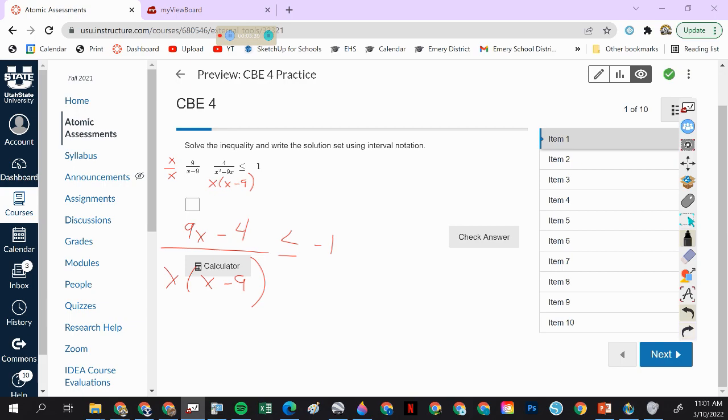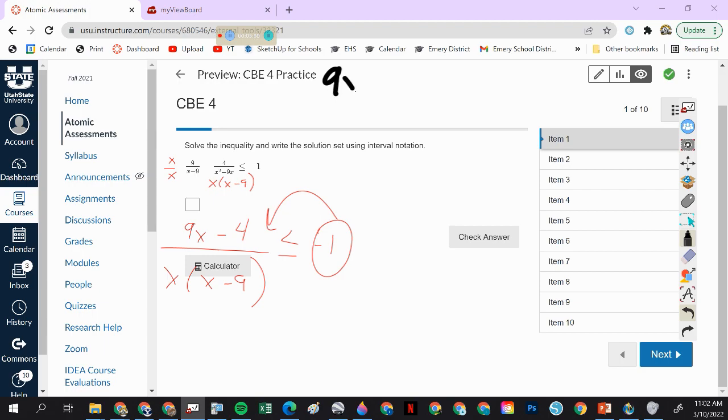Okay. So I want to know where this particular fraction is less than or equal to -1. It's actually easier to find when a fraction is greater than or equal to 0. So I'm going to move this to that side.